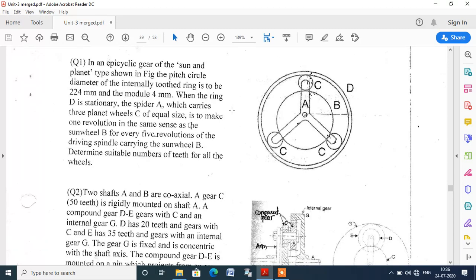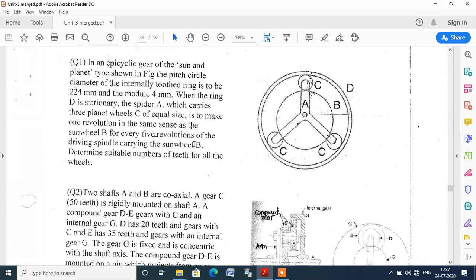First of all, when the ring D is stationary, that is this gear is stationary, the spider A, which carries 3 planet wheels C of equal size, is to make one revolution in the same sense as the sun wheel, for every 5 revolutions of the driving spindle carrying the sun wheel.